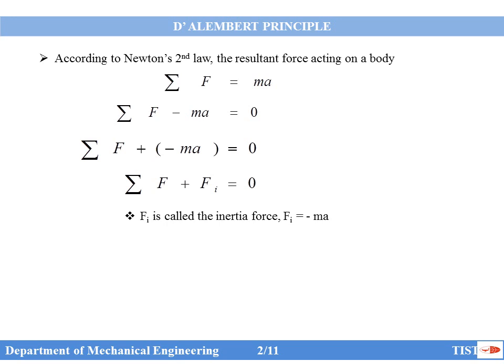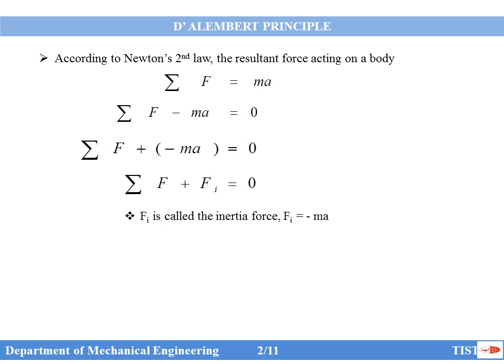In the equation of statics, the right hand side will be 0. So if you consider that inertia force as one of the fictitious forces, then the dynamics problem becomes similar to the statics problem.